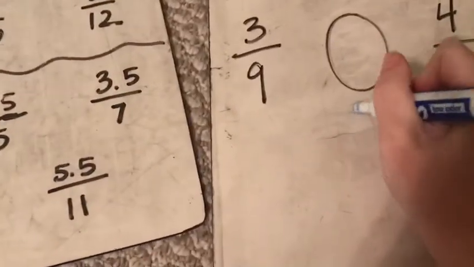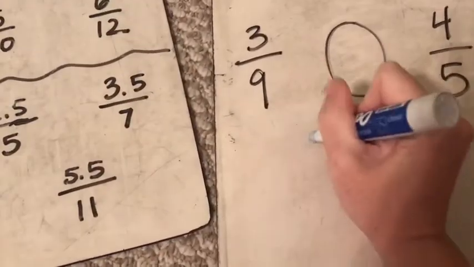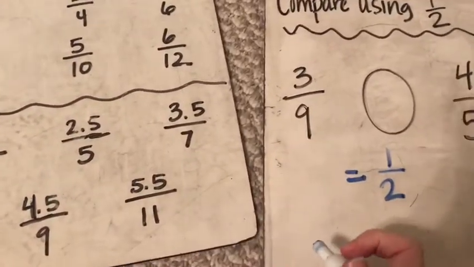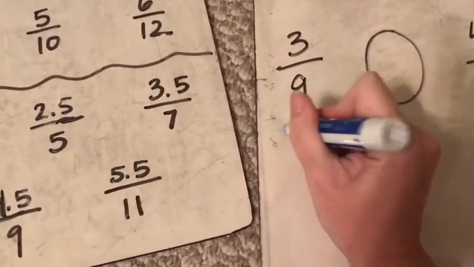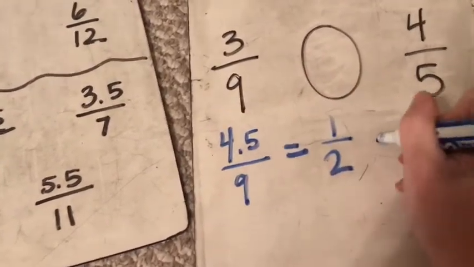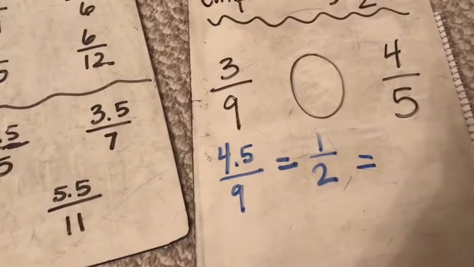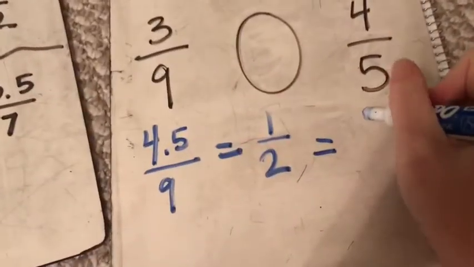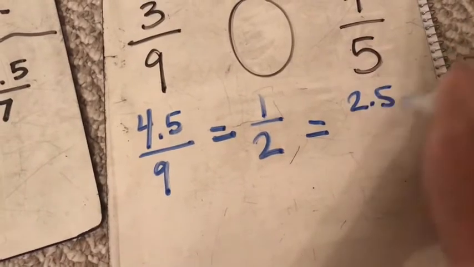So if I know that 1/2 is the same as 4 1/2 ninths, right? And for fifths, what would be the same as half is 2 1/2 fifths, because we've already explored this.